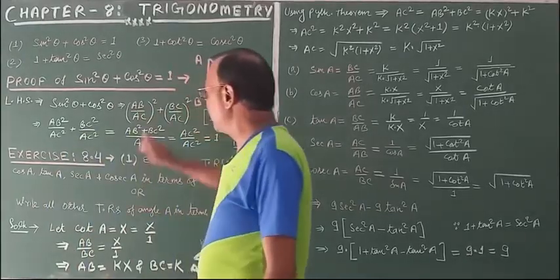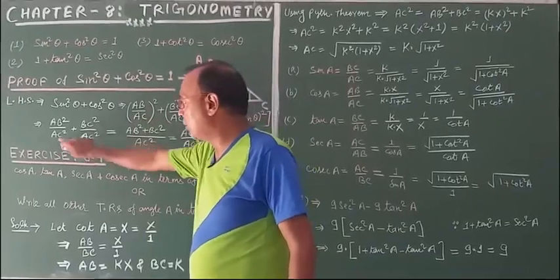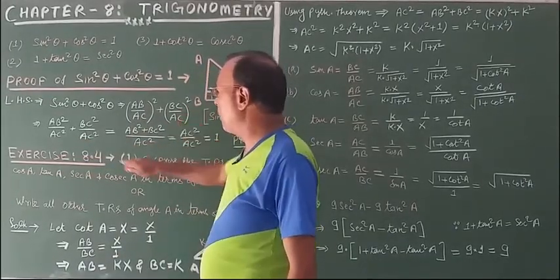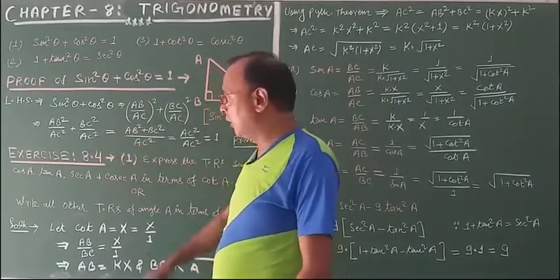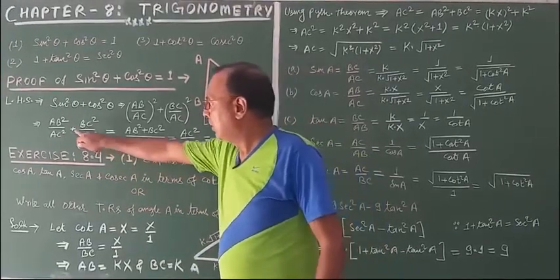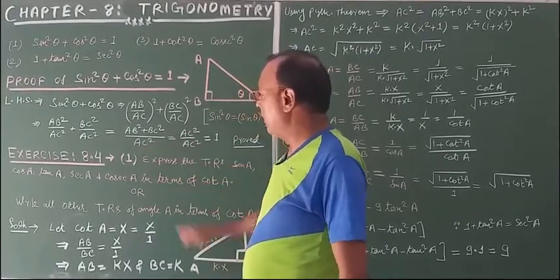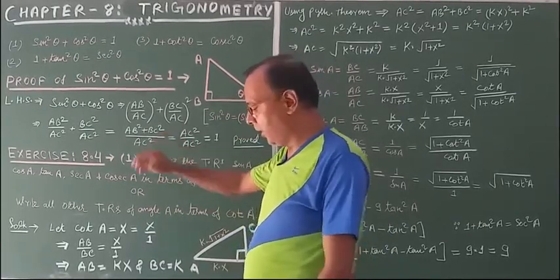So we can write this. Now open this. It will become AB square upon AC square plus BC square upon AC square. Just see the denominator. That is same. So we will write AB square plus BC square upon AC square.